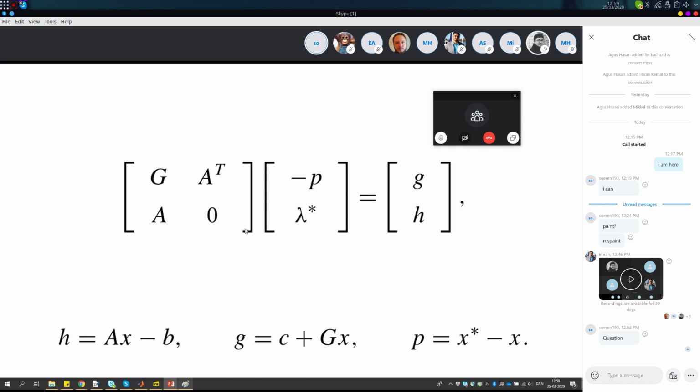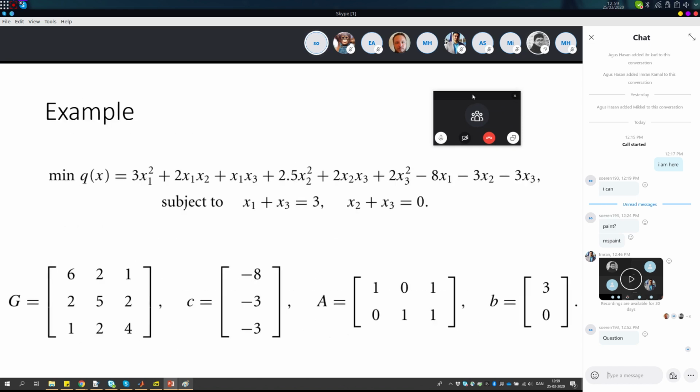So yeah, this is the solution. But do you know how to find the G matrix if you are given this kind of equation? There is a trick actually, and the trick is like this.